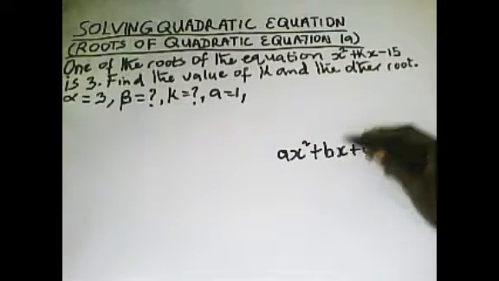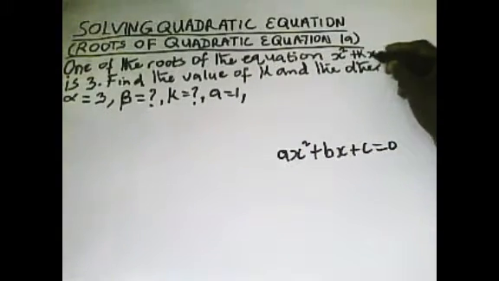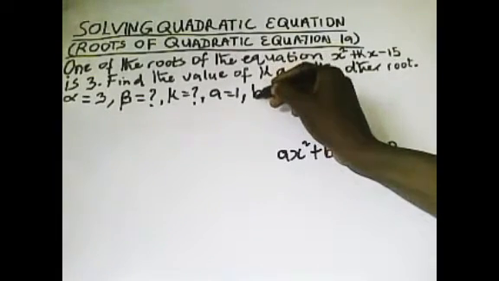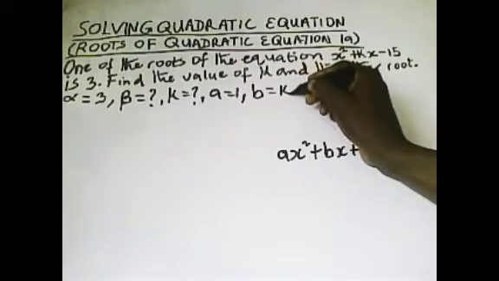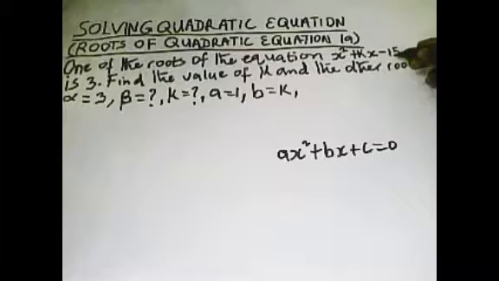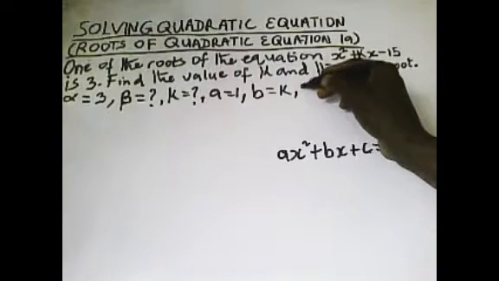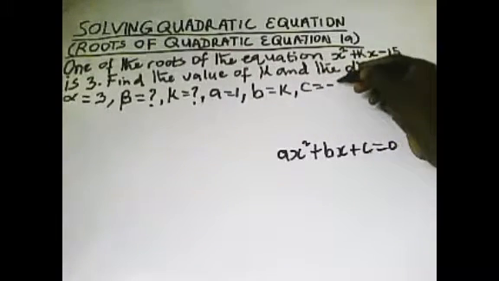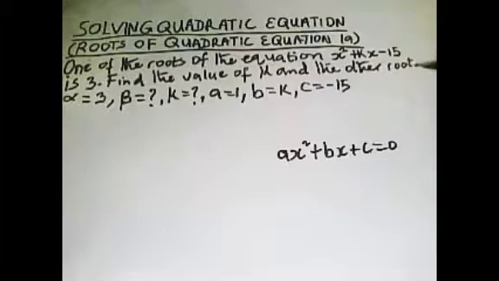Then we move over to the b, which is the coefficient of x, and in the equation here you see that it is plus k. So we can say our b is equal to k, and then for the value of c, if you compare that to this equation here, you will see that c is equal to what? Minus 15. So that is how you get the value of a, b, and c.